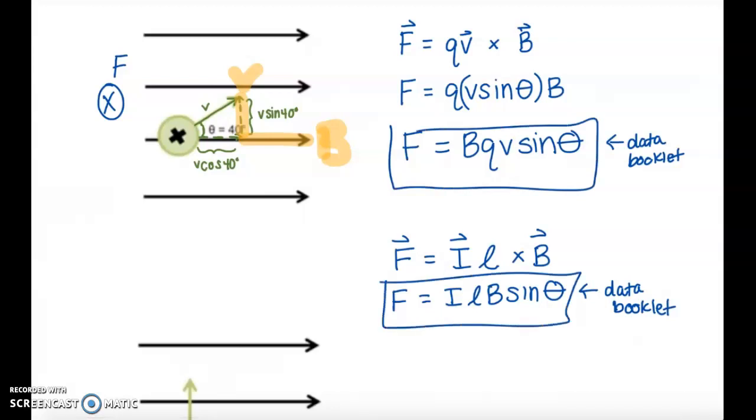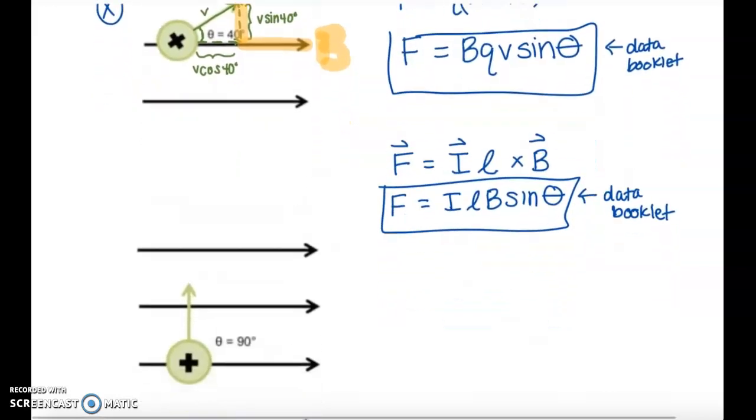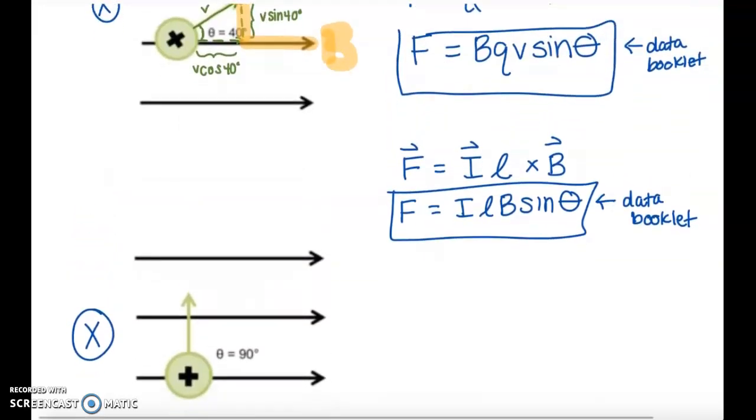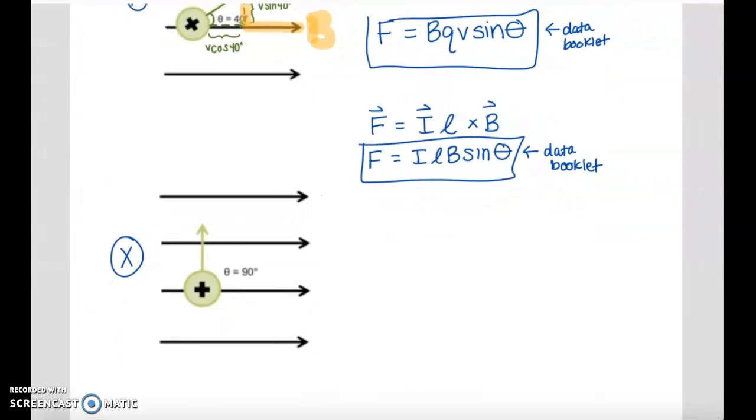So let's put this to the test with what we already know from our right-hand rule. If I were to give you something like this, where you have a charge moving directly up, your magnetic field is to the right, you should be able to use your corner right-hand rule and find that your force is into the page. Now let's use our equation, F equals BQV sine theta.